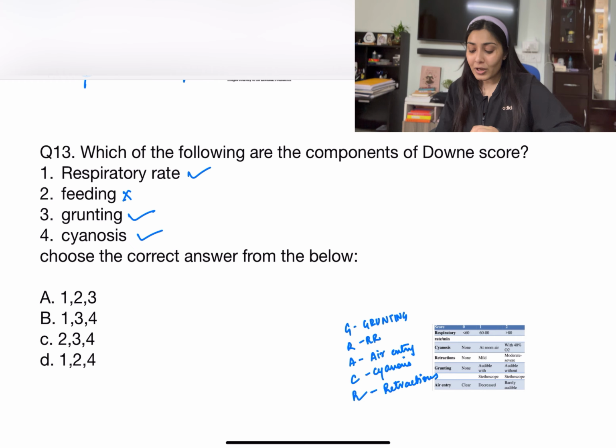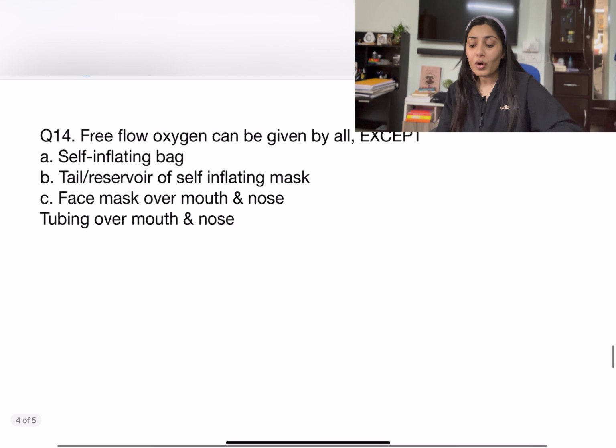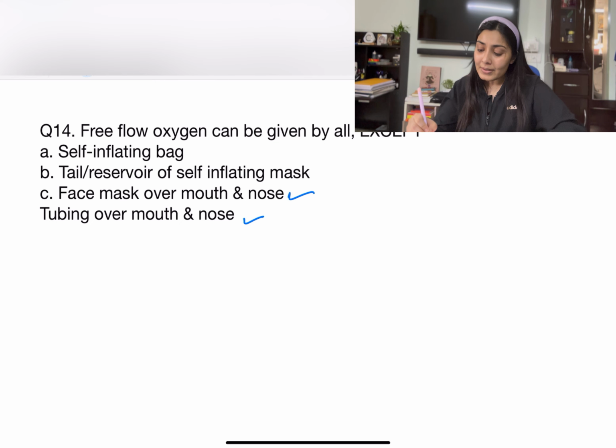So let's move on to the next question. Free flow oxygen can be given by all except: self-inflating bag, tail reservoir of the self-inflating bag, face mask, or tubing over mouth. Tubing over mouth and face mask is straight away yes. Now let's talk about the self-inflating bag. We all understand how a self-inflating bag functions, right?